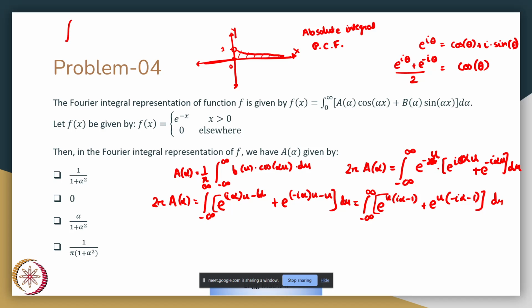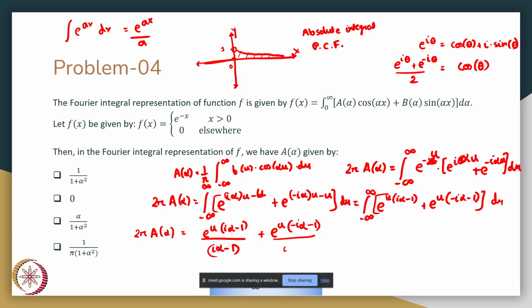We know that the integration of e raised to ax dx is nothing but e raised to ax by a, with the appropriate limits. So my 2 pi a of alpha becomes e raised to u (i alpha minus 1) upon (i alpha minus 1) plus e raised to u (minus i alpha minus 1) upon (minus i alpha minus 1).